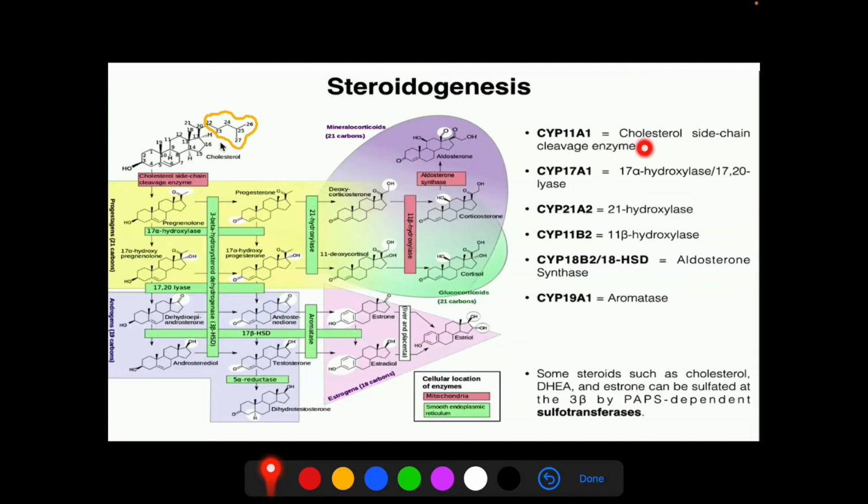This is the cholesterol side chain cleavage enzyme. Some of these enzymes are, again, P450 enzymes, so they are referred to by their gene name. For example, the cholesterol side chain cleavage enzyme is a P450 enzyme and it's encoded by the gene CYP11A1.